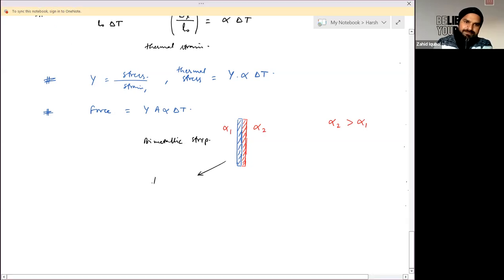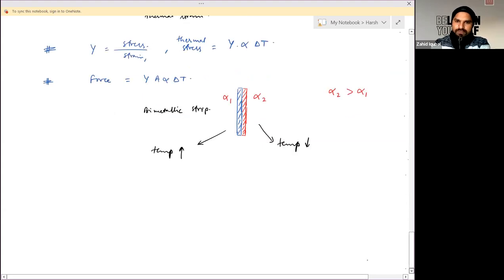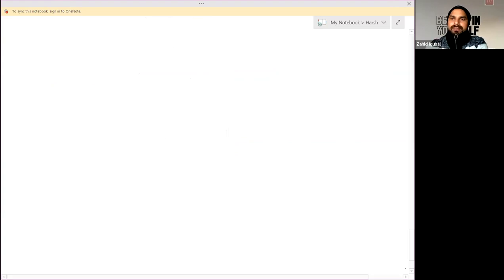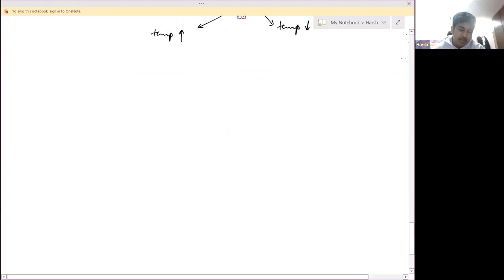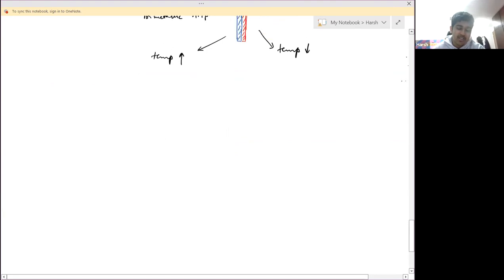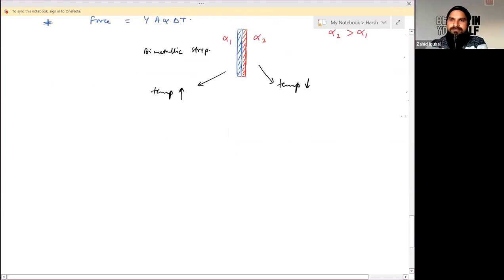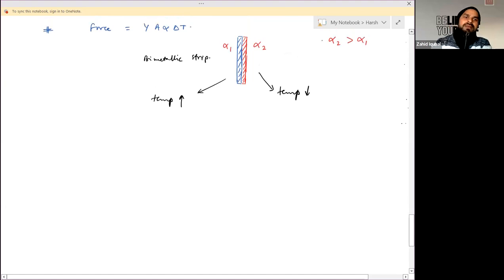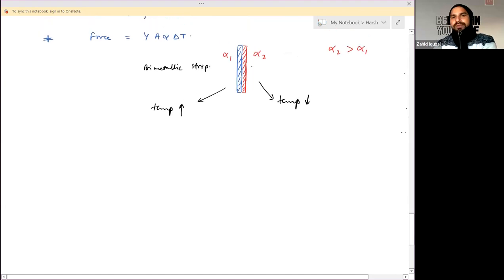So first, if temperature is increased, and second, if temperature gets decreased. Will there be any change in shape, Harsh? Sir, if temperature increases, there will be expansion. Let me define it.